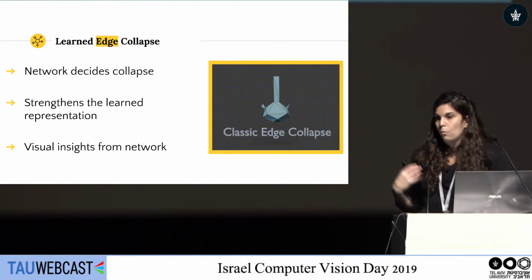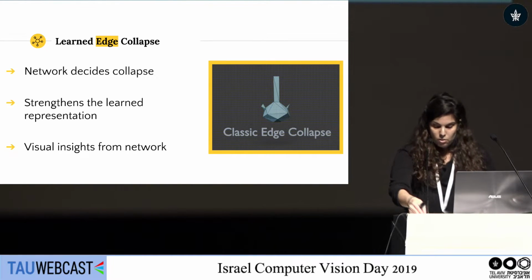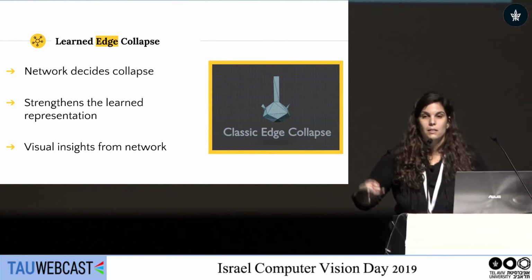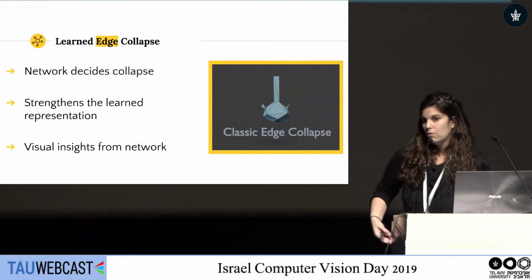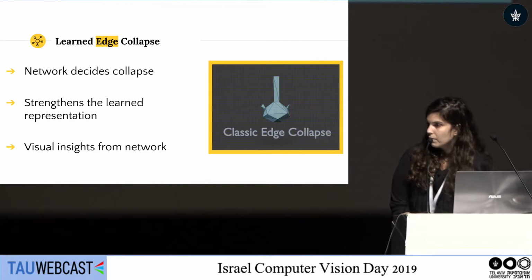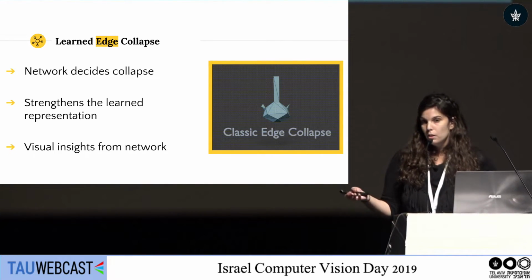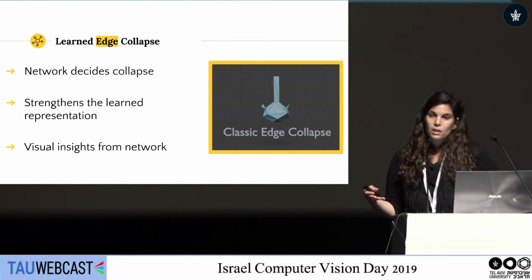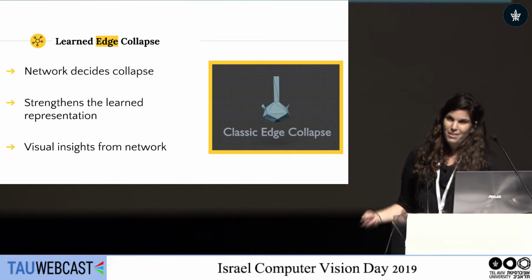In this work, we want the network to learn which edges to collapse. So this results in a task-driven edge collapse, which is related to the loss function. An interesting byproduct of that is that we can see visually which parts of the shape the network determined were important for the task, or not important for the task.